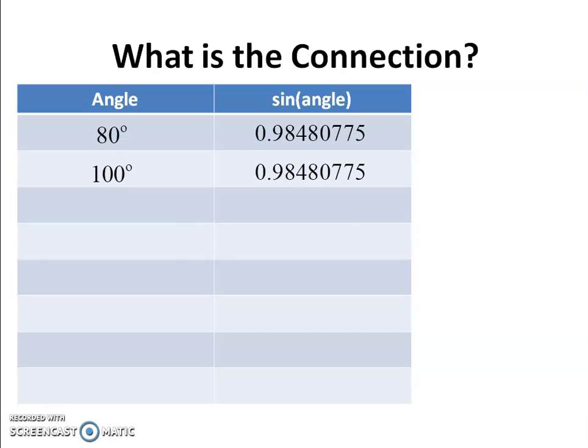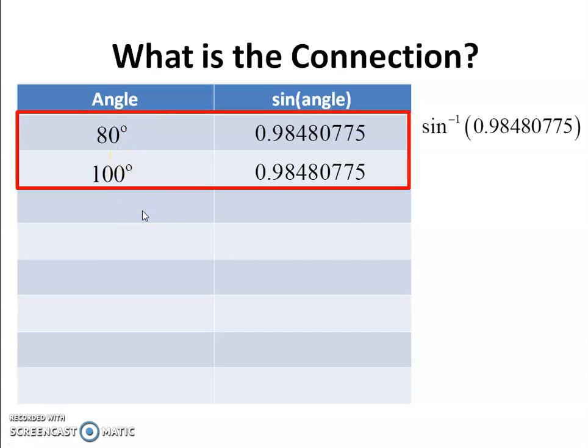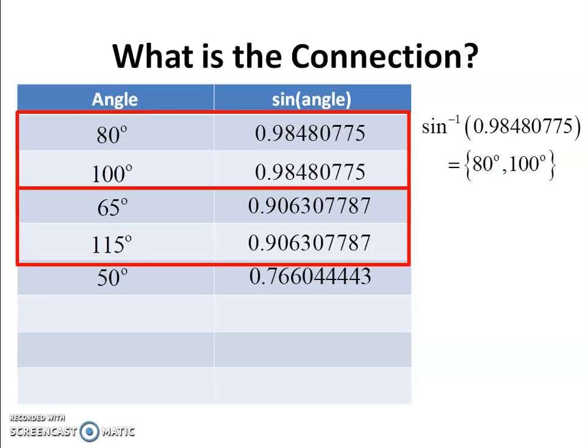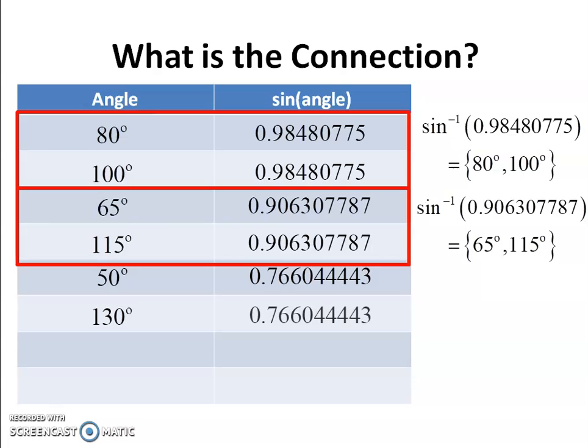If at any point you want to pause and think about the connection: if my calculator told me 80, how would I figure out that the other answer was 100? Two other numbers that have the same sine are 65 and 115. So if I did sine inverse of whatever that number was, it would be 65 or 115. 50 and 130 have the same sine.